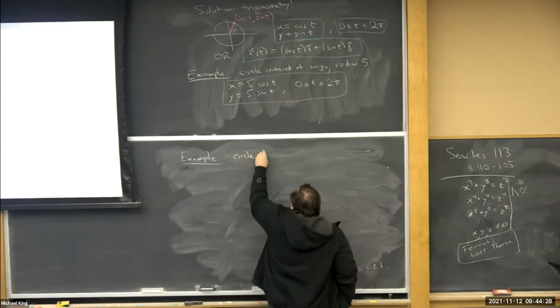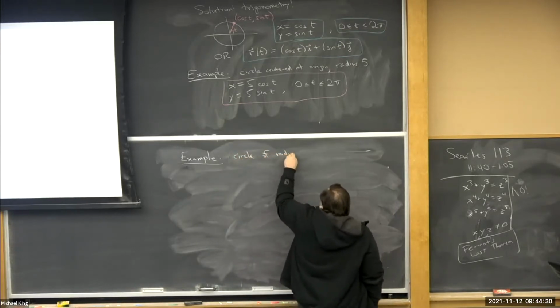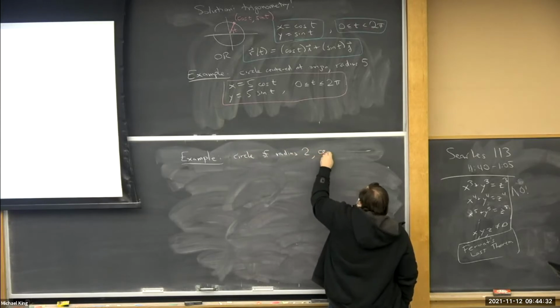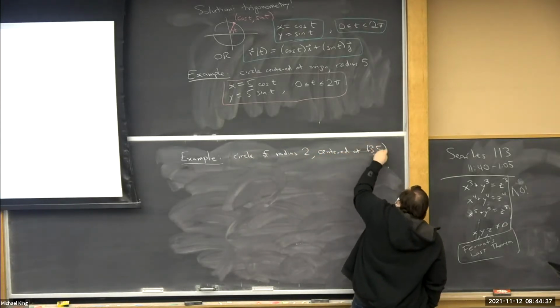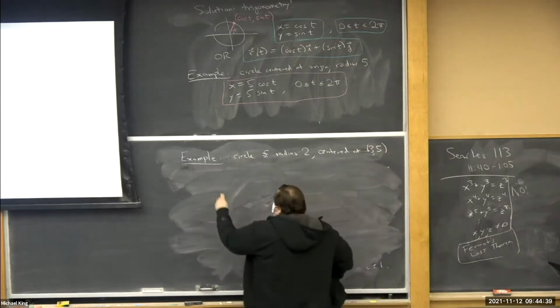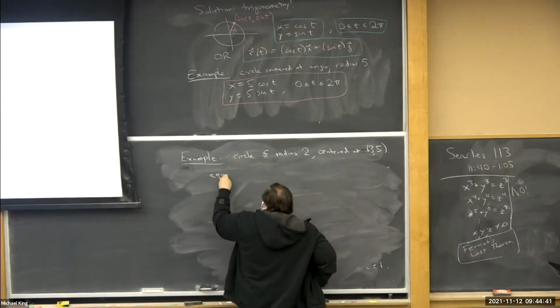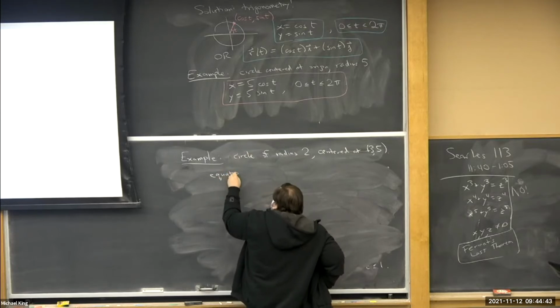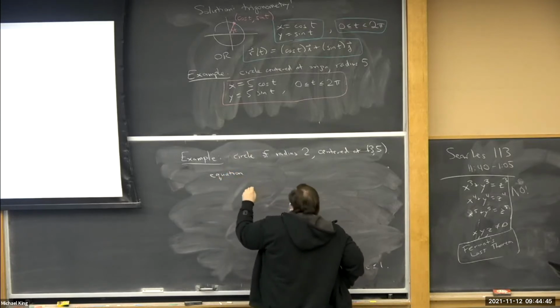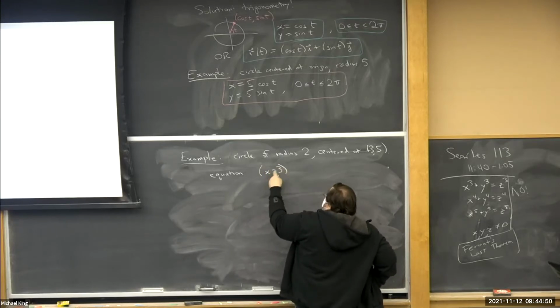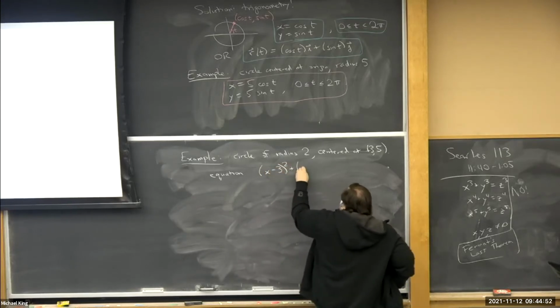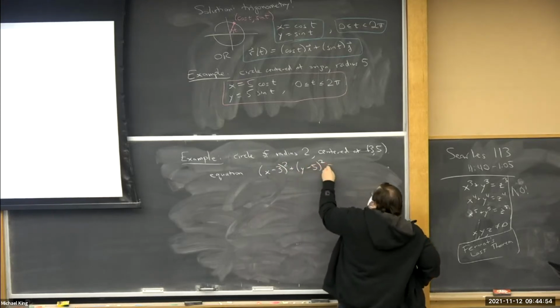So, circle of radius 2 centered at 3, 5. So the equation, which I think is what Milano was getting at, right, is x minus 3 squared plus y minus 5 squared equals 4, 2 squared.